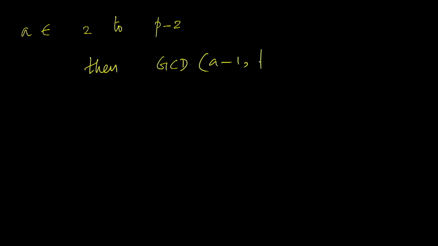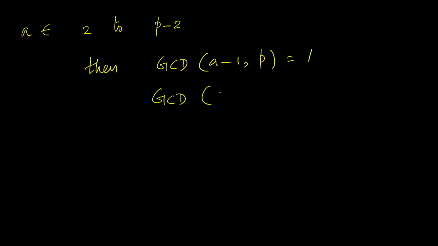But what about the remaining? If you consider the numbers in the range 2 to P minus 2, if A is in this range 2 to P minus 2, then we know that GCD of a minus 1 and p is 1, p is a prime.